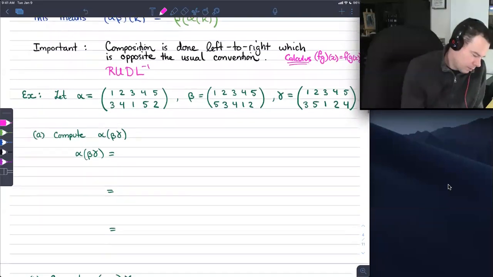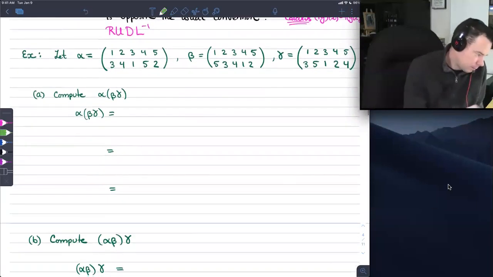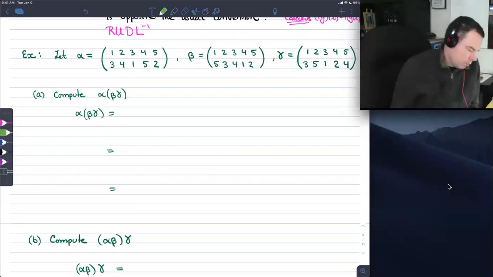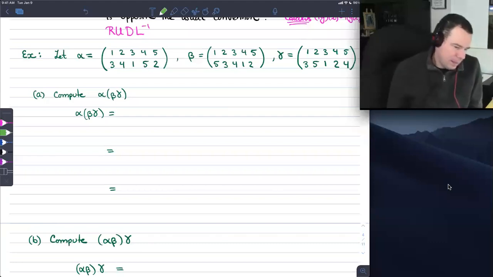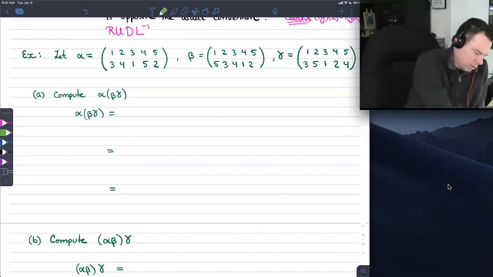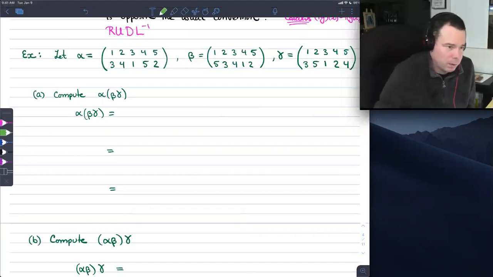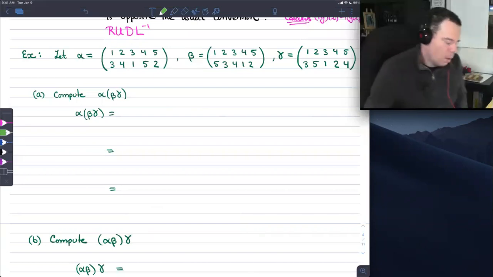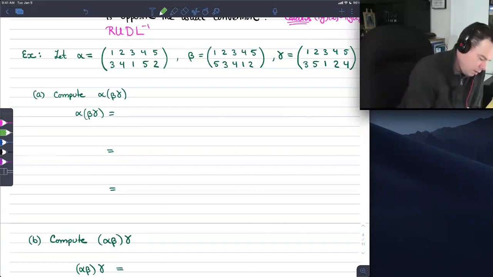So let's look at some examples. We've got alpha, beta, and gamma, given there in their array form, and we want to compute some products. So let's go ahead and work out some products. The grouping parentheses tell us what products we want to do first.